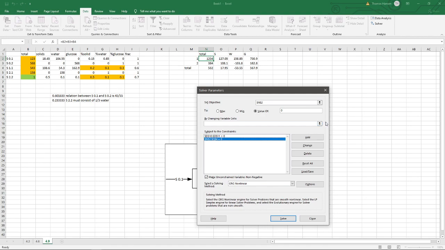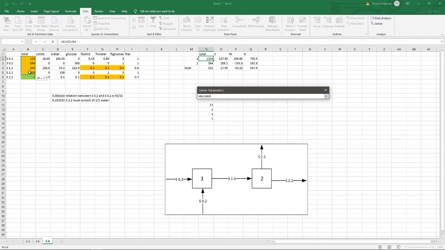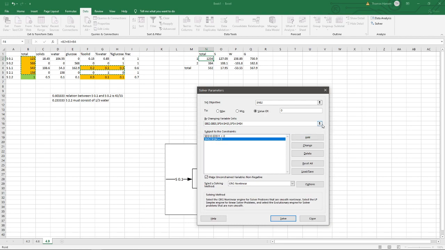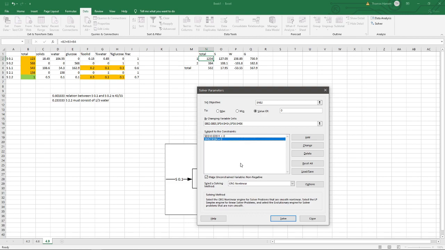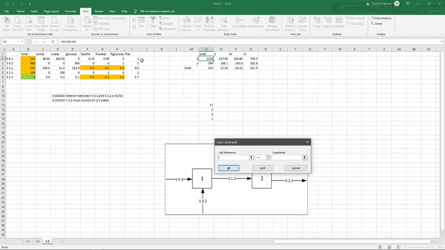And is there anything else? What can Excel change? These ones. Whoa, it messed up. Hang on. There we go. These ones and these ones. And just out of habit, I want all of my fractions to be equal to 1.